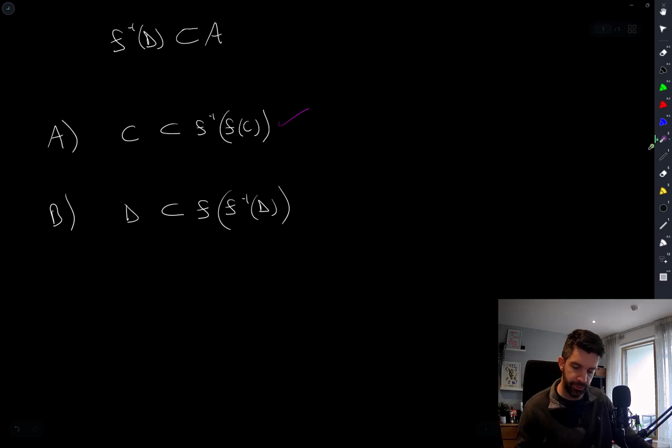Yeah, so this is kind of not true for a similar reason. This is the set of elements in the domain which get mapped into D. But there may be things... Wait a minute.